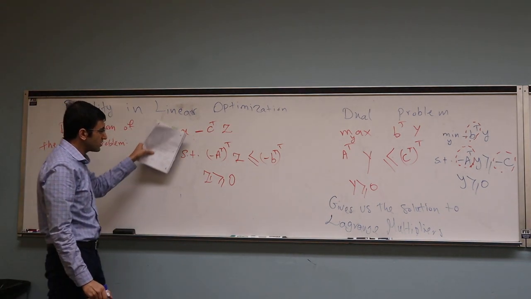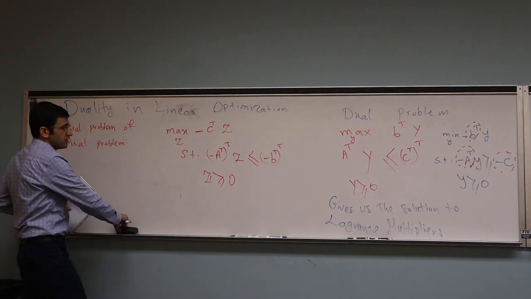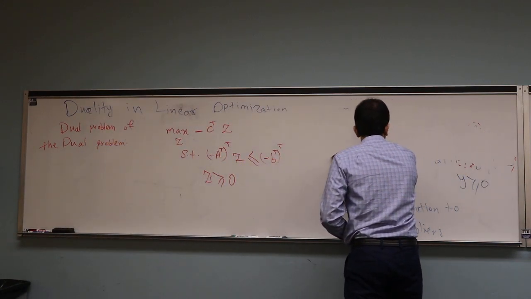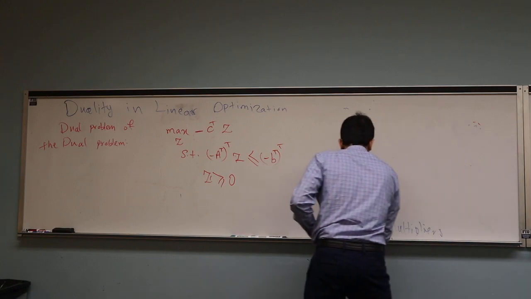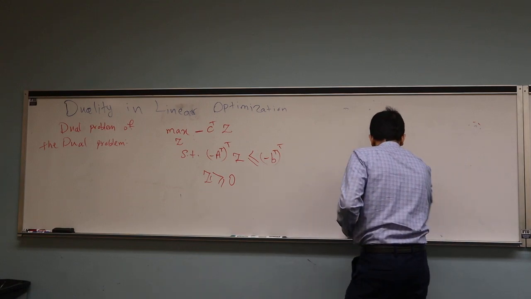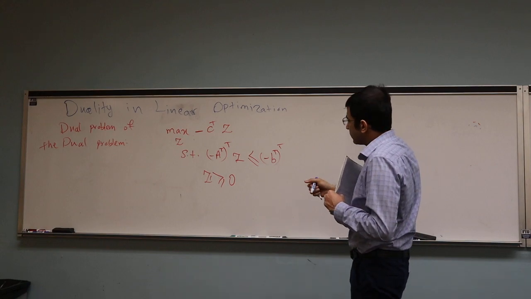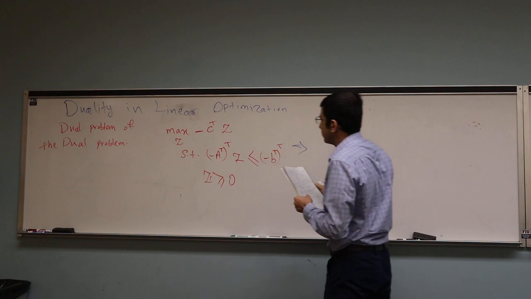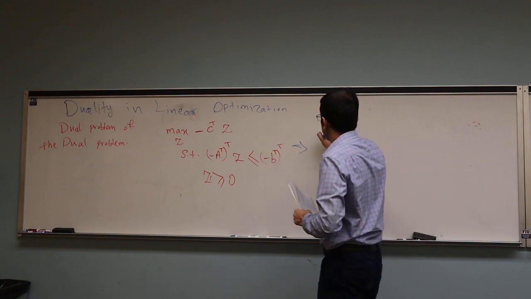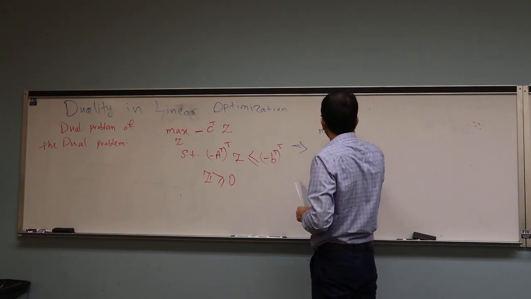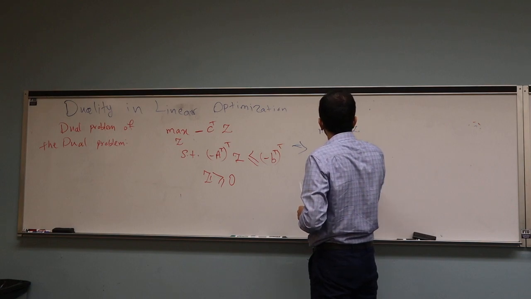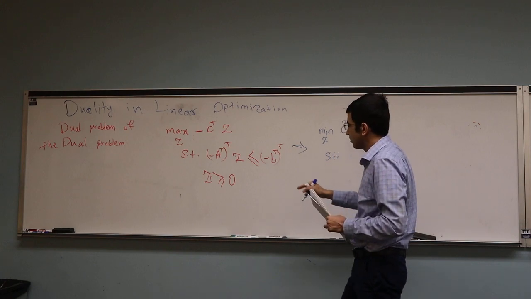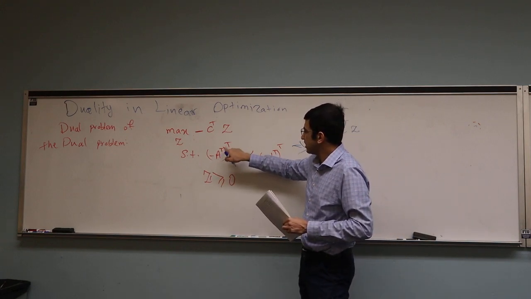So let's try to simplify this a little bit further. I don't need the dual problem anymore because I could find the dual of the dual problem. We want to write it in the form of a minimization problem. So it will be minimizing C transpose Z, where Z are our variables, subject to negative A transpose transpose.